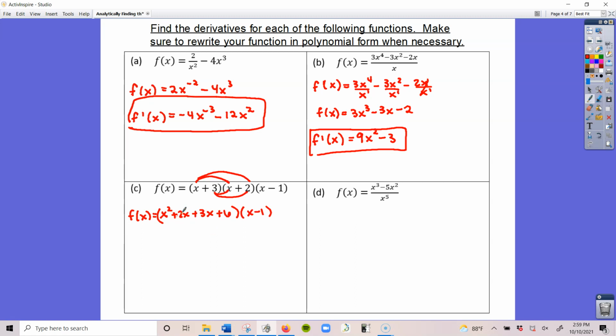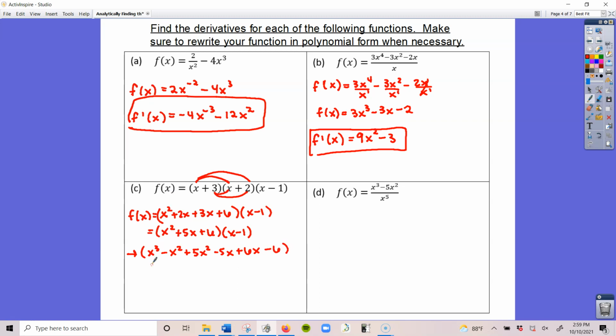Before I multiply this out, I'm going to combine like terms here. So I get x squared plus 5x plus 6 times x minus 1. Now I'm going to distribute this, and I would get x to the third minus x squared plus 5x squared minus 5x plus 6x minus 6.